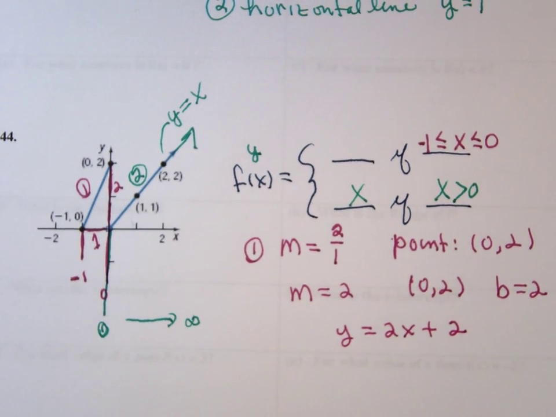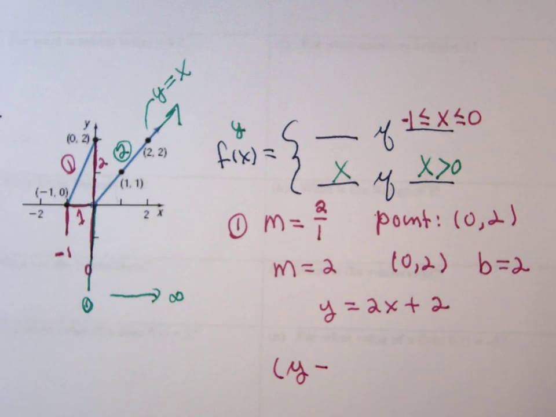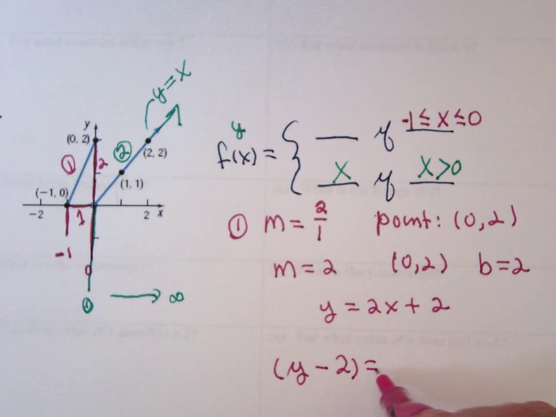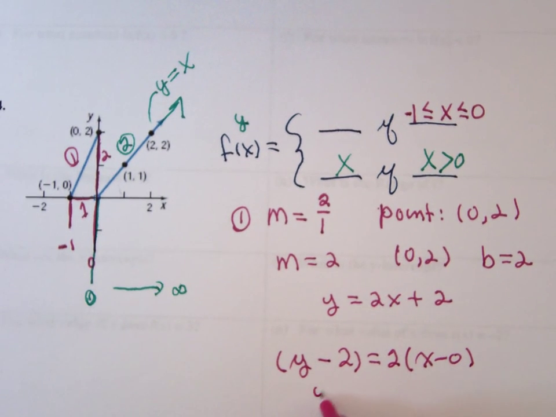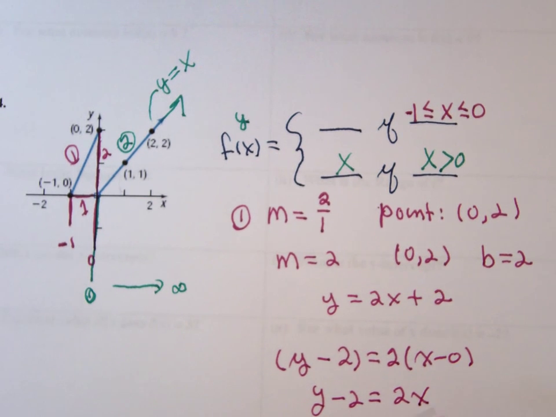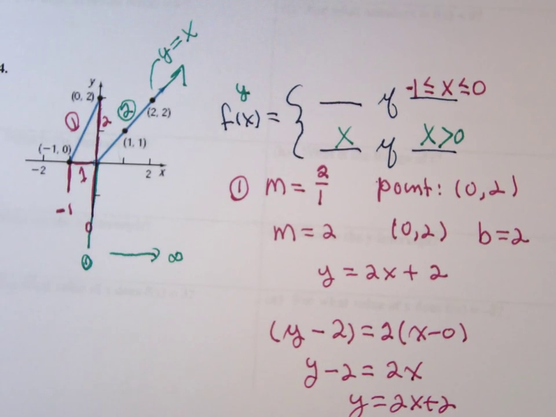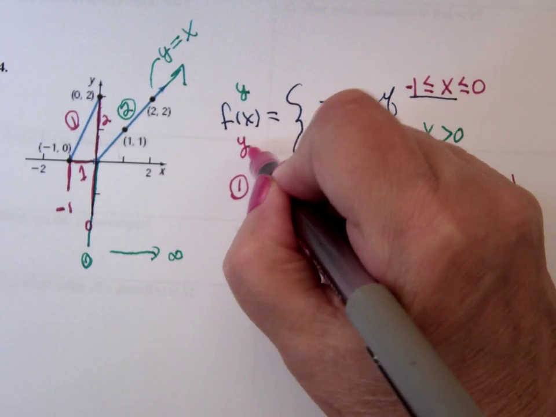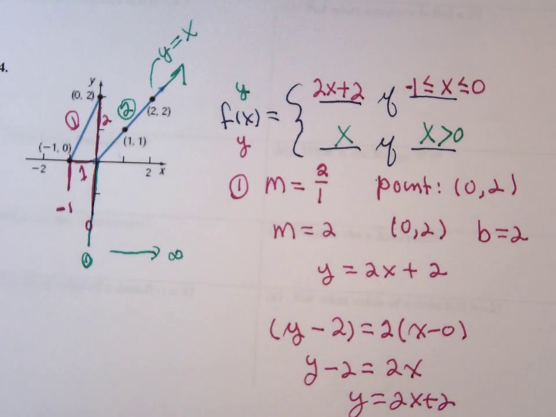However, if you're not in that vein, just do what I would do most of the time. Y minus 2 equals m, which is 2, times x minus 0. I have to solve for y in this instance, don't have a choice. Or y equals 2x plus 2. So you don't have to be cutesy about it. So y equals 2x plus 2 if I'm on the other side.